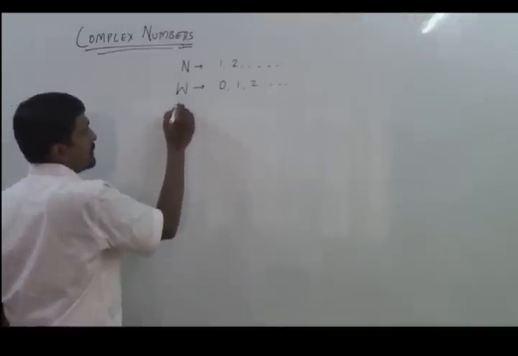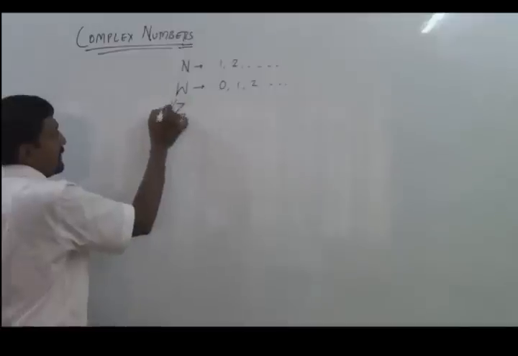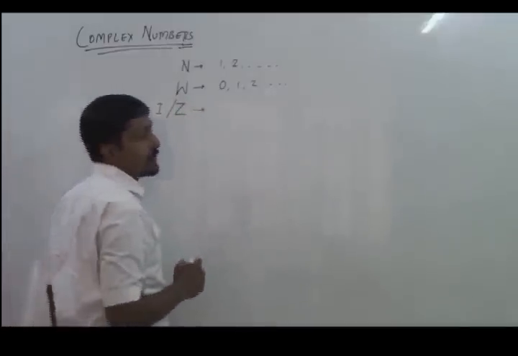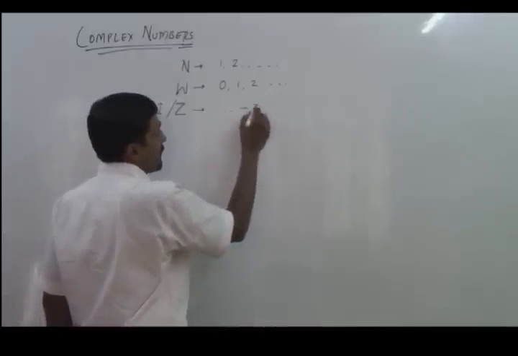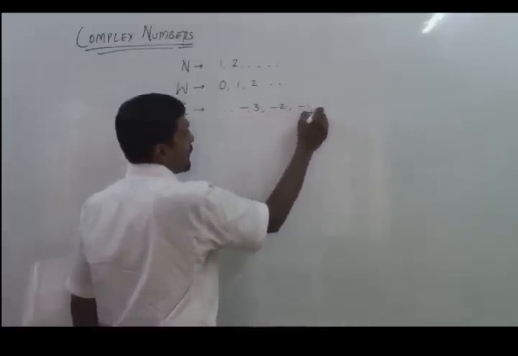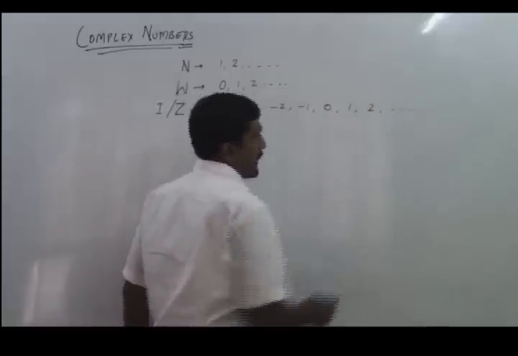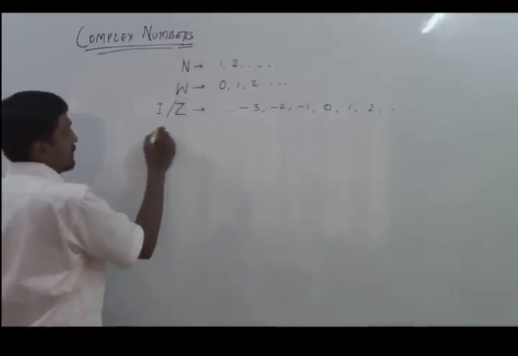Then we have integers, denoted by Z or I, which go from negative infinity up to positive infinity.